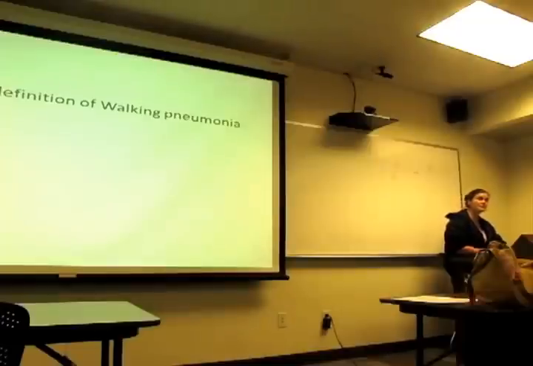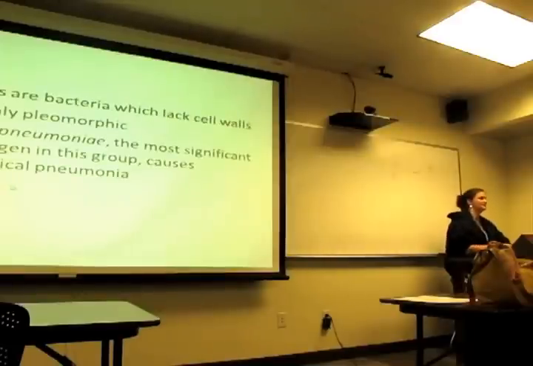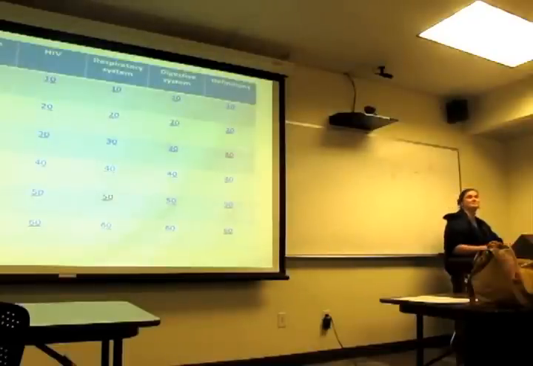It's also pleomorphic, or whatever it's called? Polymorphic. Very nice. That's exactly what I was looking for. What does polymorphic mean? It means that it can change into a bunch of different shapes. Good job. Go for 60.